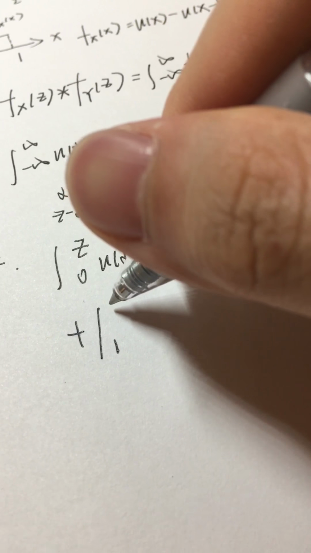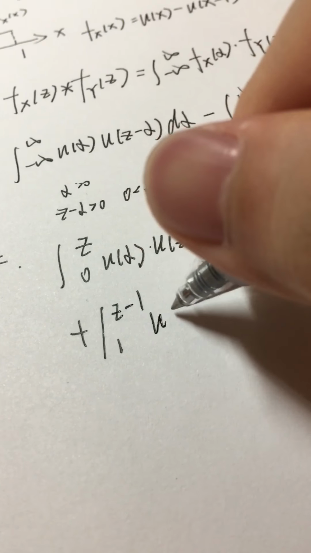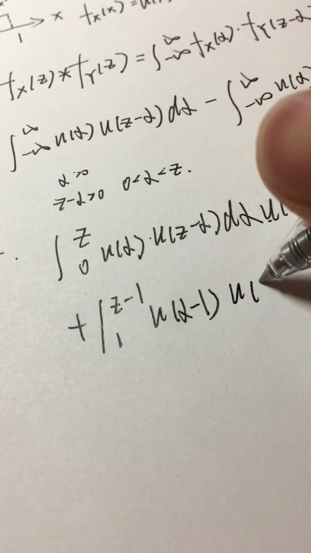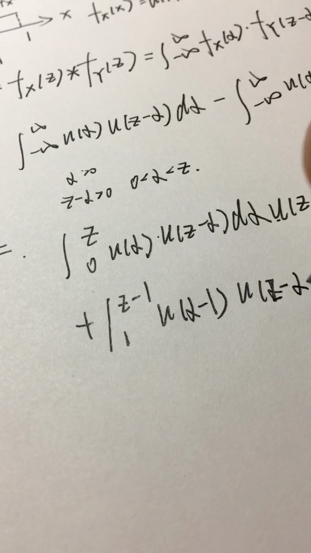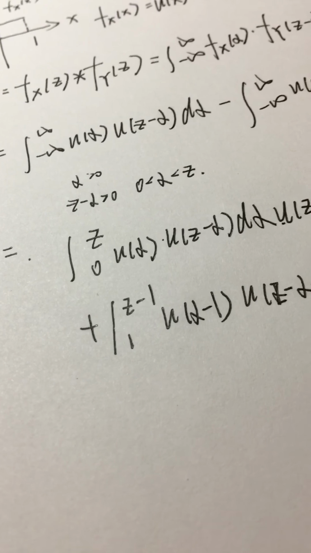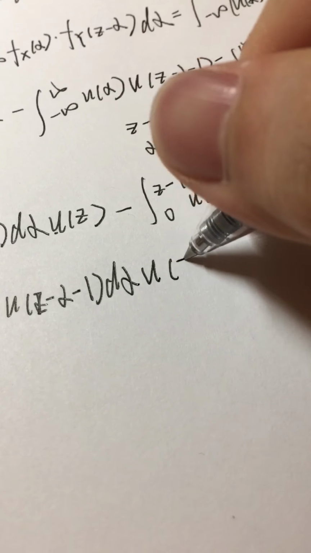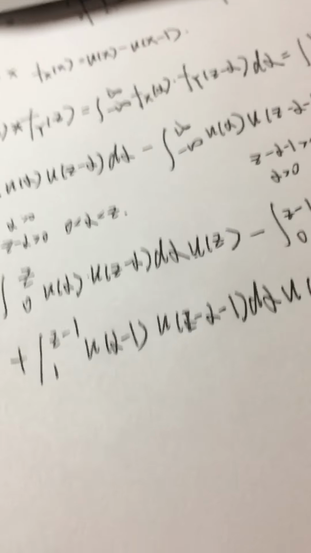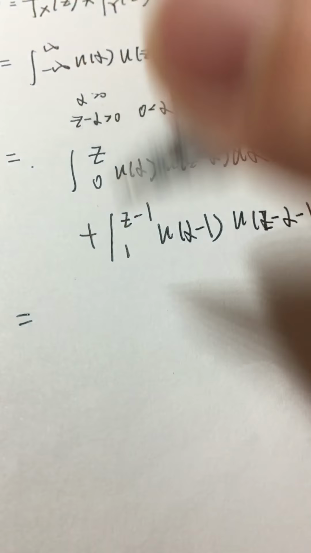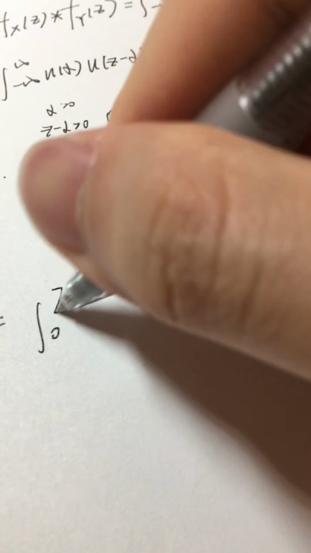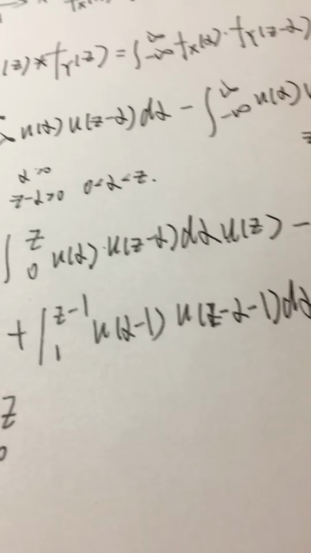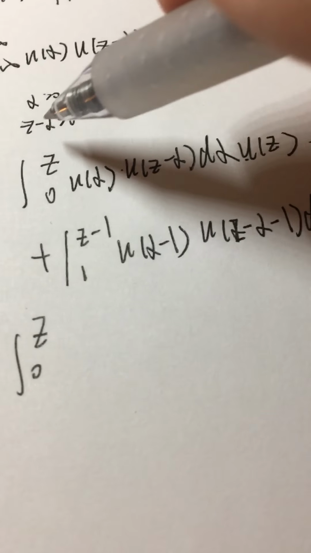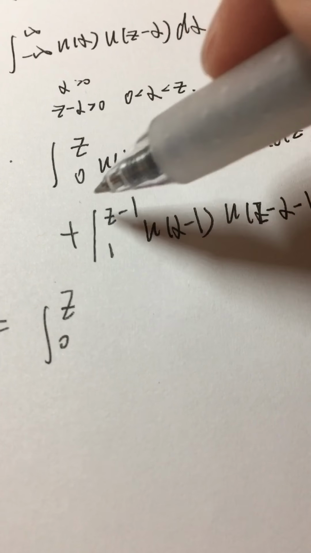Finally, plus integral from 1 to z minus 1. Equals to u(alpha) multiply u(z minus alpha) when alpha is between 0 and z. These two parts are 1.